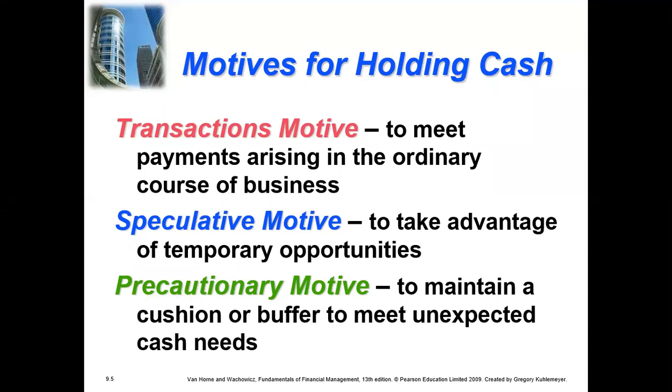So all these expenses that you have to incur in a particular operating cycle would require a lot of cash. So that is the transaction motive, and most of the organizations actually engage in these kind of transactions. They need cash for these transactions.